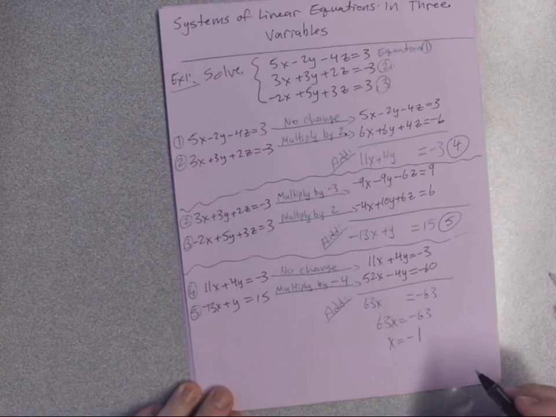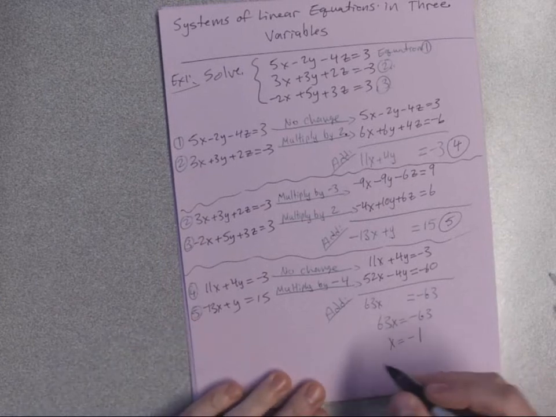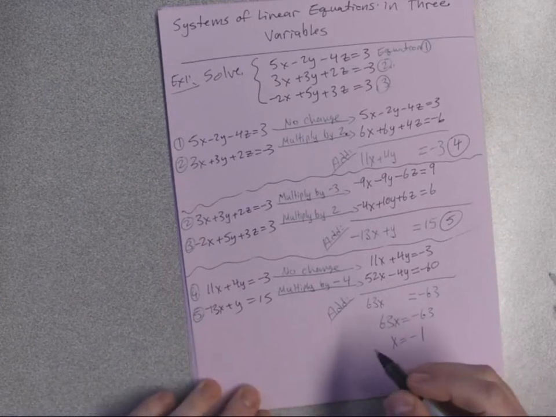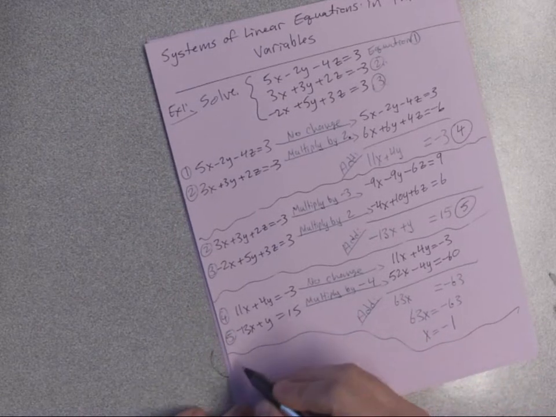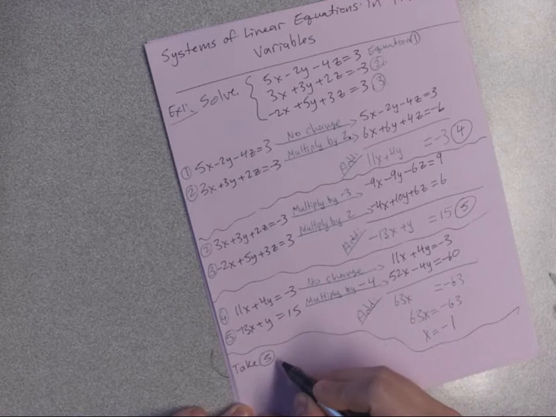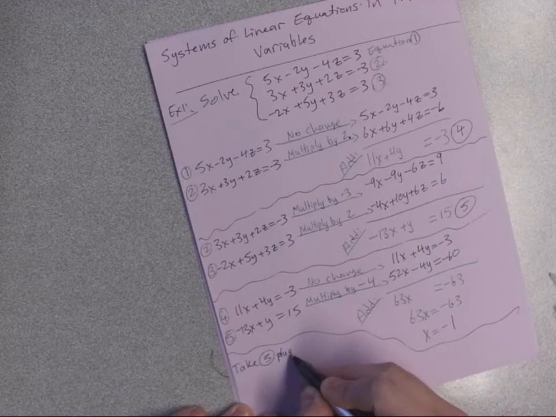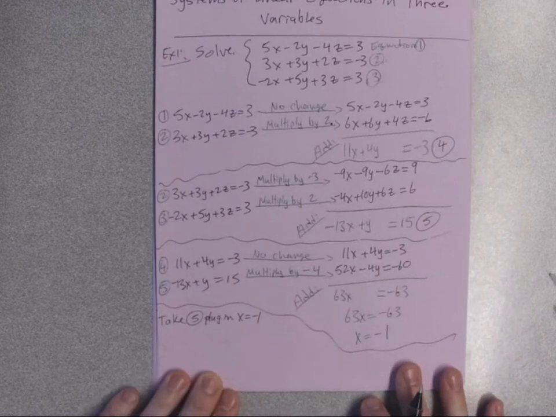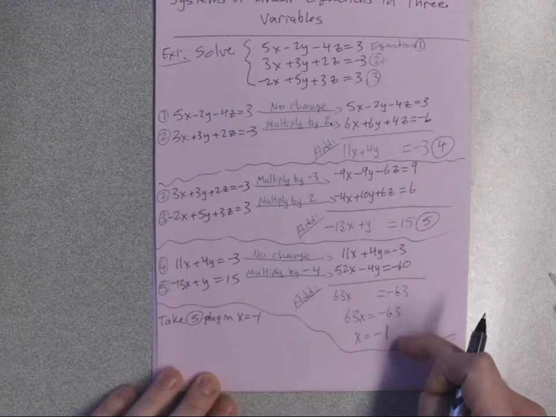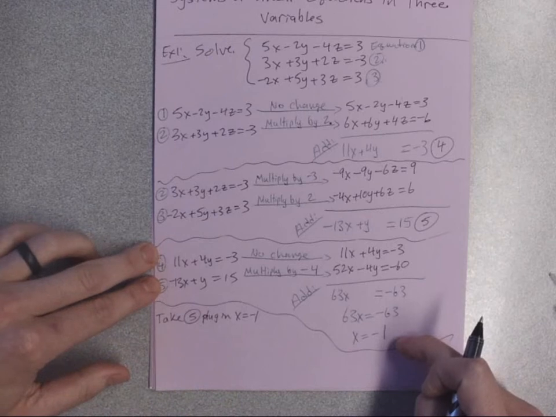Alright, so I'm going to take 5 and plug in x equals negative 1, just to kind of write out what I'm doing. So I found my x value, and I'm picking one of these to plug in that x value.